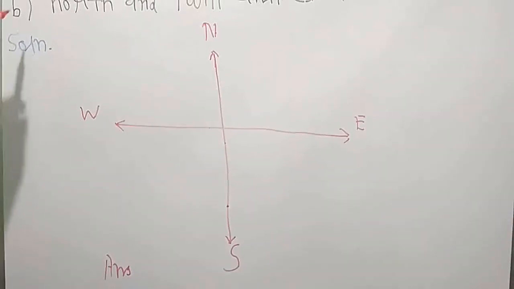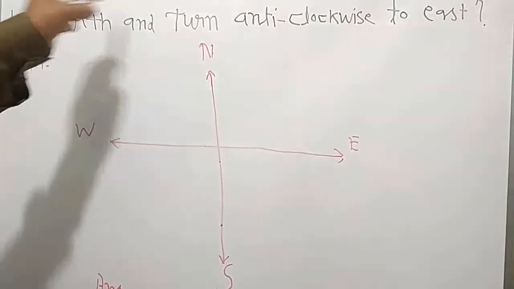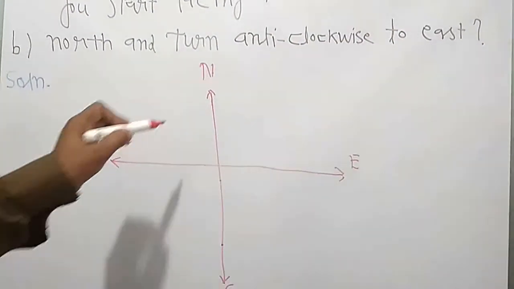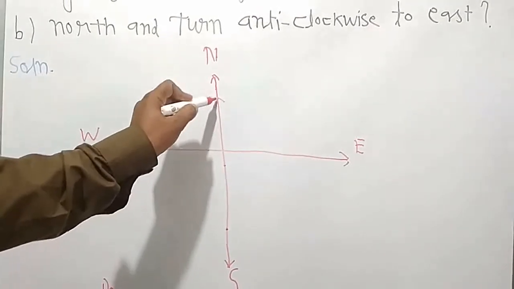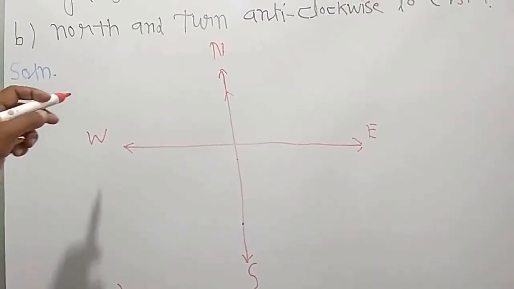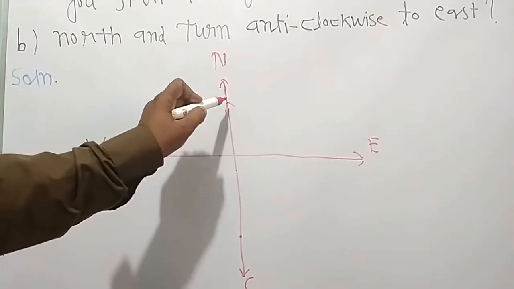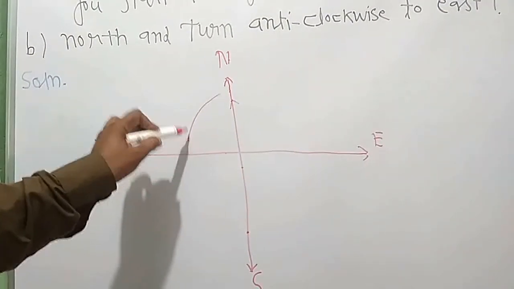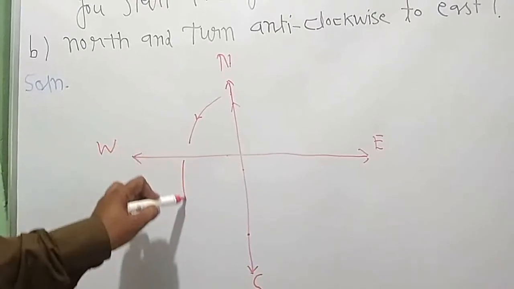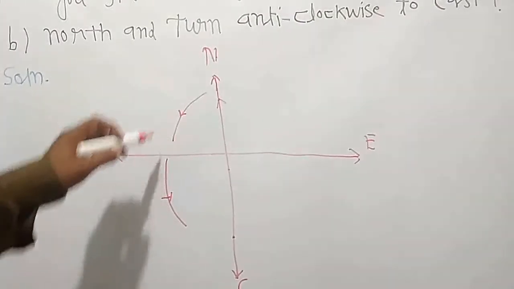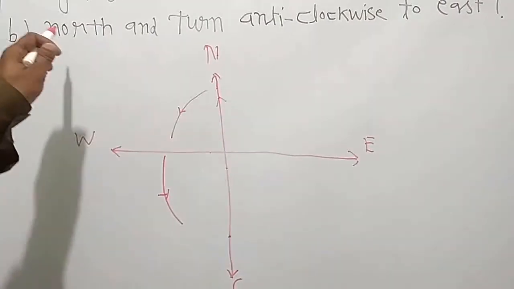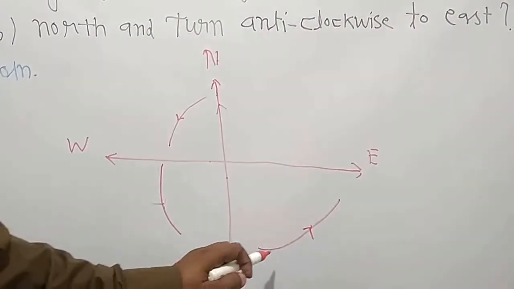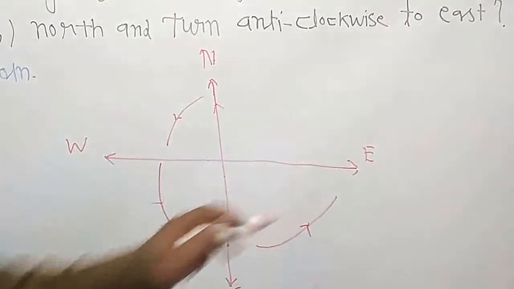Now part B. This time we start facing the north and turn anti-clockwise to the east. So initially we are here in the north. We turn anti-clockwise. This is the anti-clockwise direction, and then finally we reached the east.